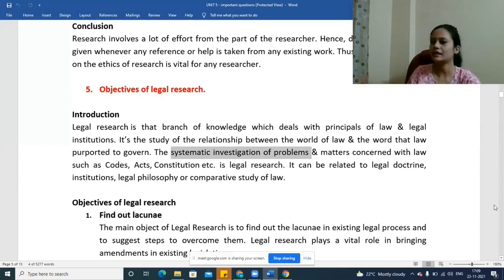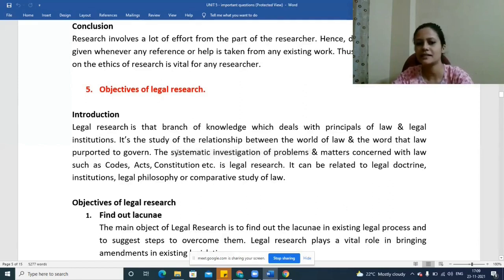Right? So accordingly, the Law Commission of India did some research, and after a few years, changes were made in IPC, and now it is considered a separate crime. Punishment also is mentioned under IPC. Okay, so this is nothing but systematic investigation of problems.